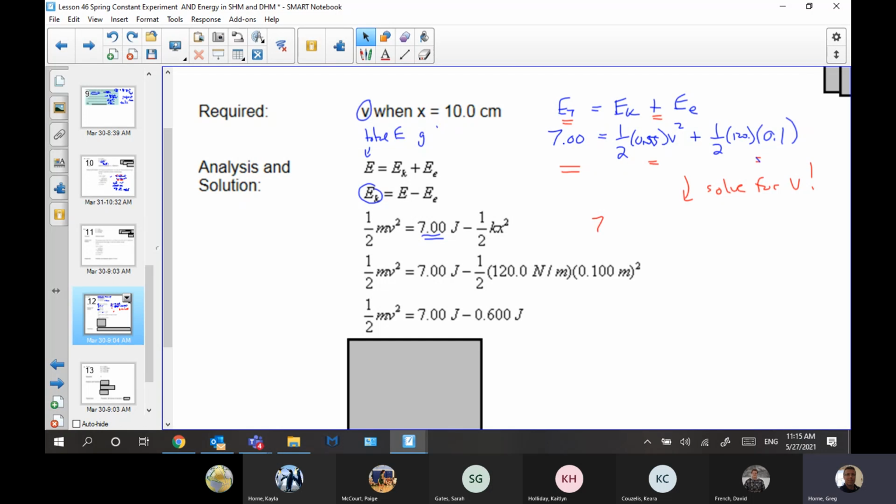So if we did that, we'd have the 7. Again, for calculations, it doesn't matter whether I write 7.00. That's for my analysis at the end. So what is 1/2 of the 0.55? Divided by 2 gives me 0.275. That's my v squared with it. And then over here, I've got kx squared. So 0.1 squared times 120 times 0.5 is that 0.6 number over here.